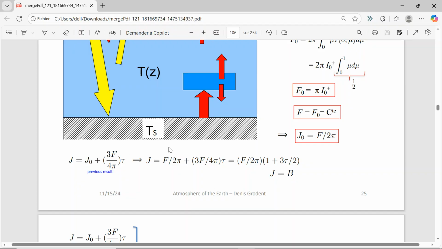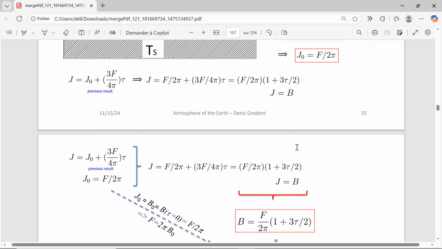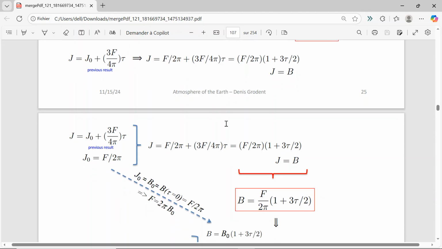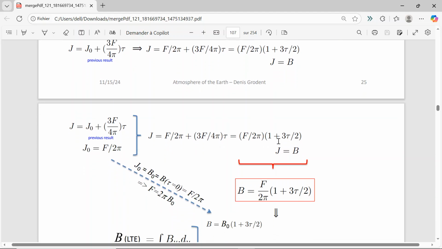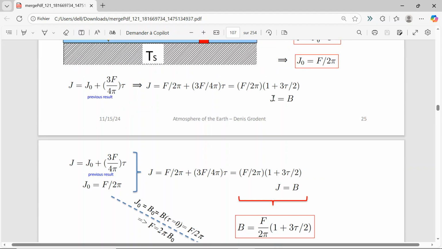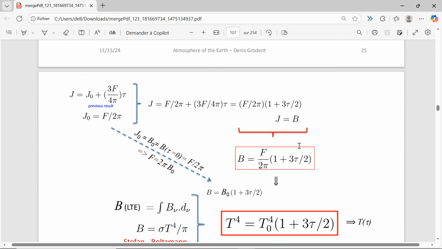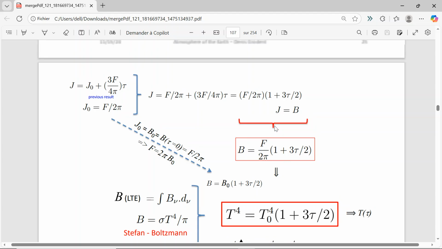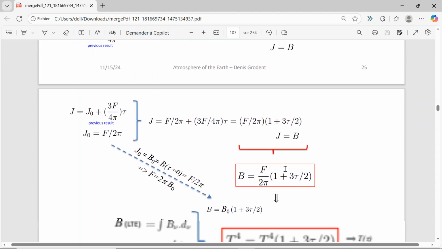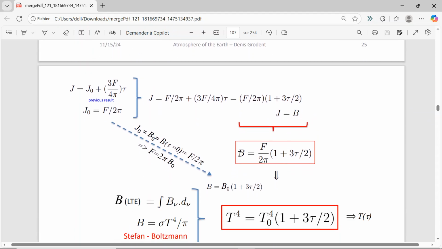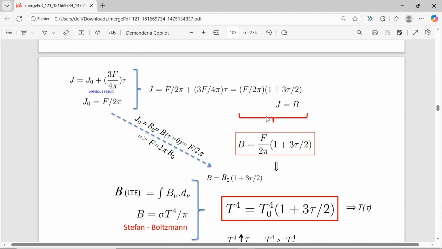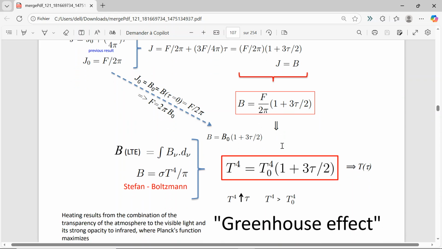We replace here, and it simplifies the expression like this. This is what we got right here. And knowing that the radiance is equal to the blackbody emission, we can simplify it, and we get the blackbody emission that depends on temperature. So later on we'll be able to find the temperature.